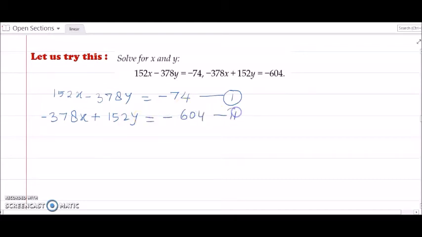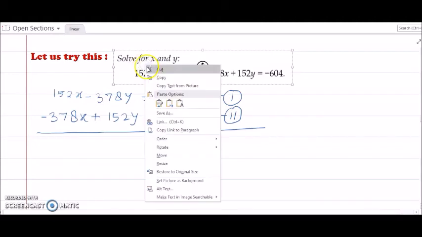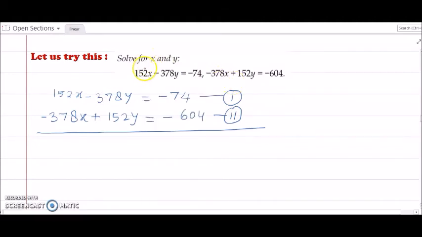This is your second equation. So the coefficient of x in the first equation is the coefficient of y in the second, and the coefficient of y in the first equation is the coefficient of x in the second.